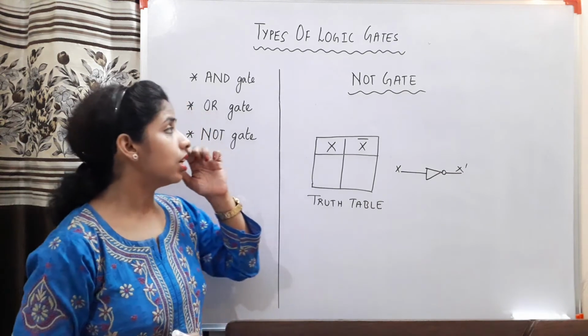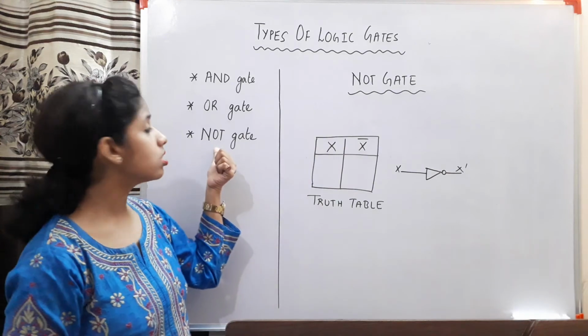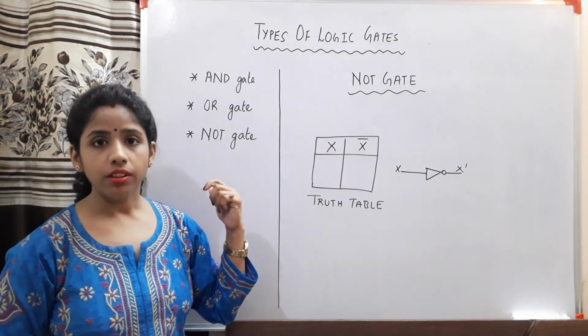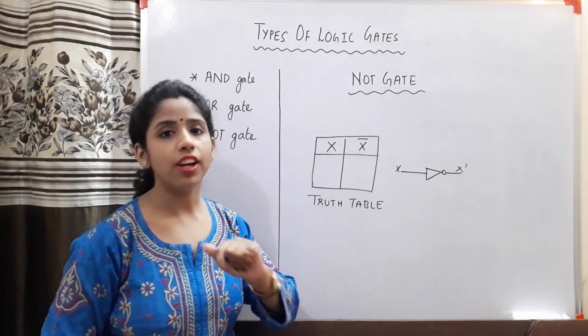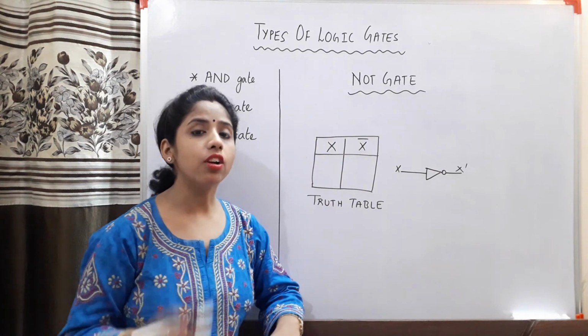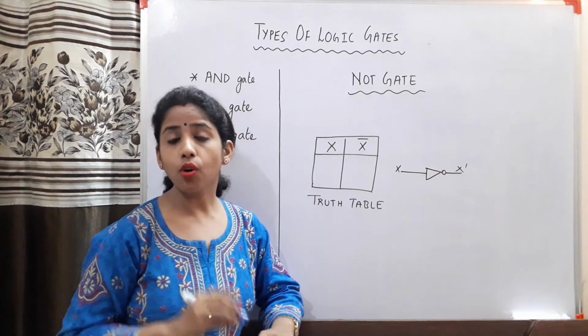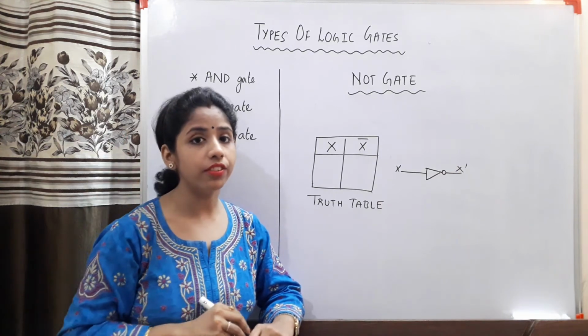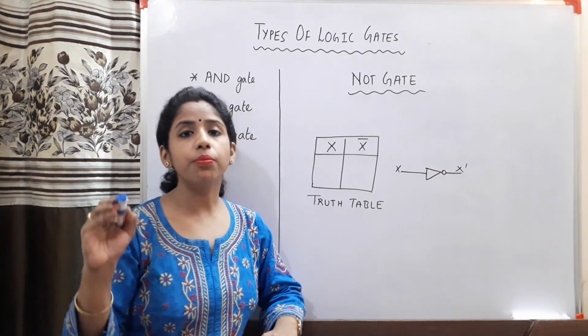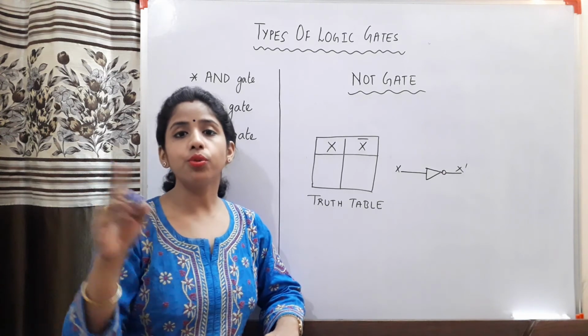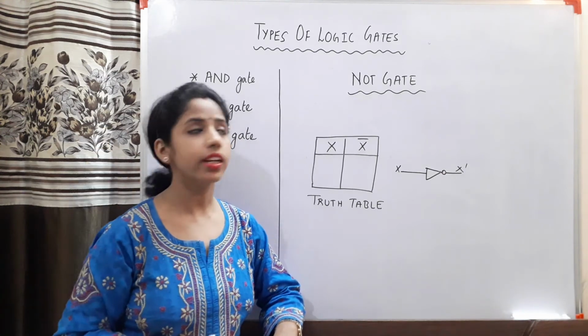So this NOT operator was a unary operator, right? So it operates upon only one operand at a time, and for one operand you can have just 2 possible values, that is 0 and 1, right? According to the formula 2 raised to power n that we discussed, here the number of input variables will be just 1, so 2 raised to power 1 is equal to 2, right?